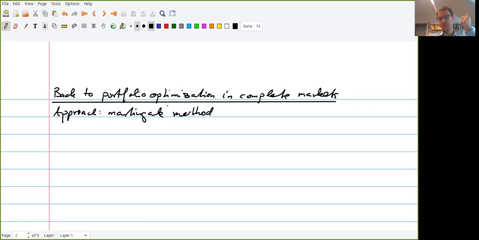One is an optimization problem saying, I just want to optimize over all payoffs, which are just random variables. And then I want to represent these payoffs by a replicating trading strategy. So this was our representation problem, and this was easy to solve for us because we know it's a complete market, so we can replicate any payoff by trading in the market.